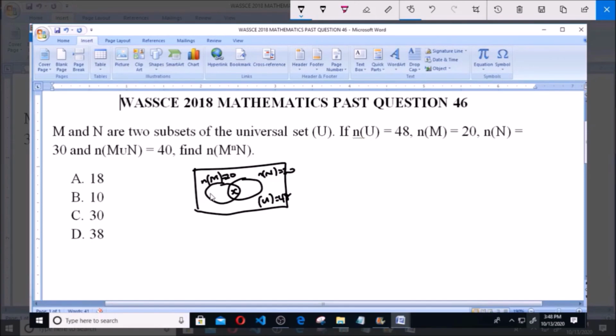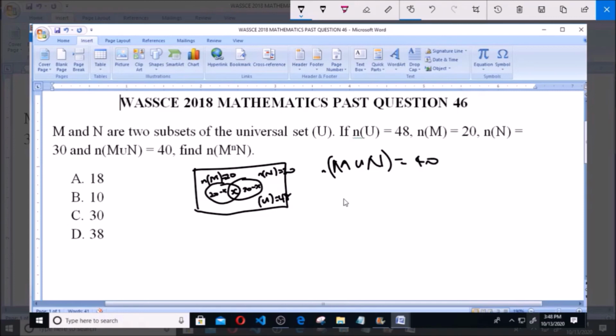So that means here will be 20 minus X, and here will be 30 minus X. Now we are given that M union N is equal to 40, meaning that everything in N combined with everything in M is equal to 40.